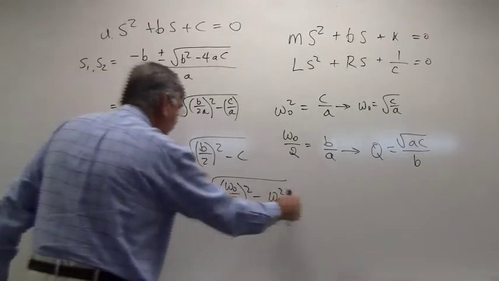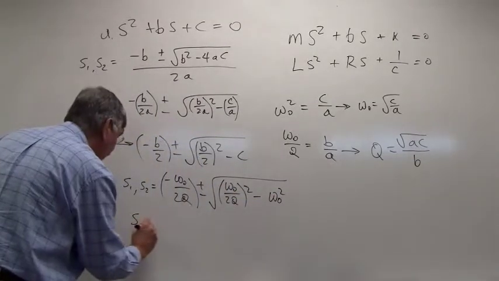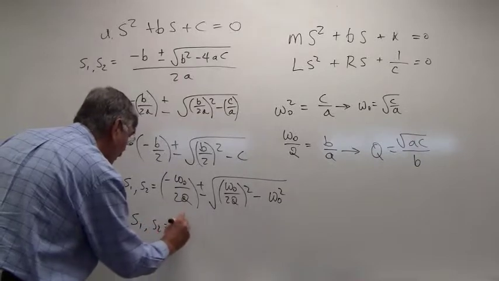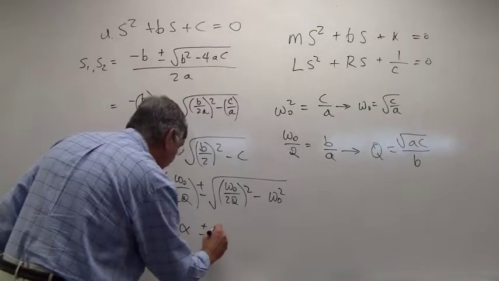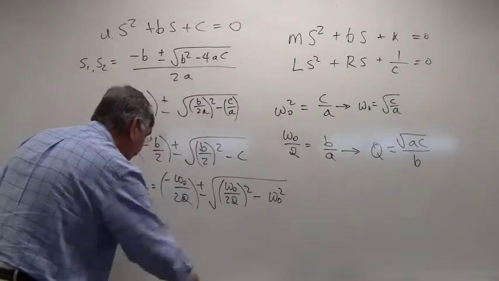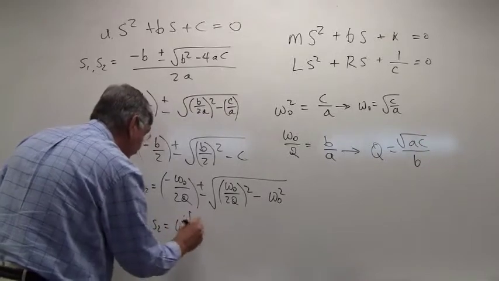And notice that everything inside the radical here has an omega naught on it, and so that's going to lead us to the form that I think is worth remembering. I think we've talked about this before. We've got omega naught factors out of everything.